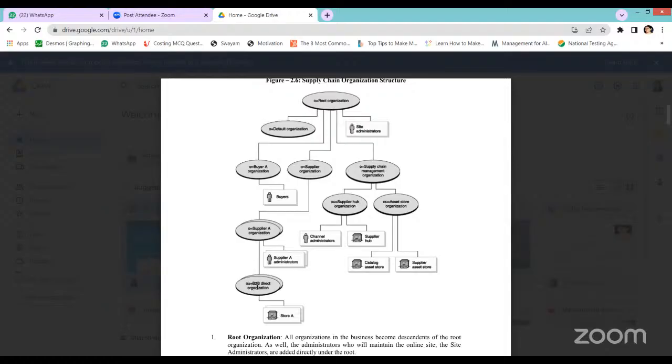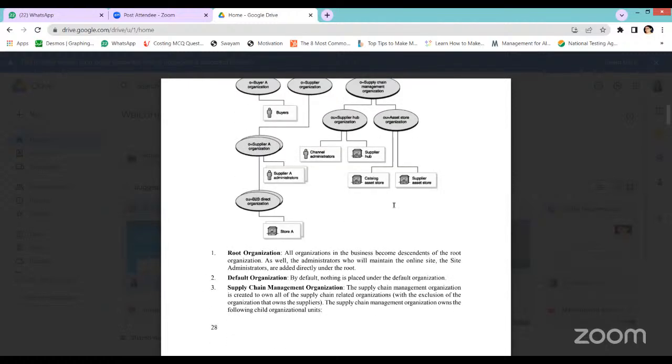Okay, so in a B2B context, supply chain management organization means whatever the management activities are within the organization, the different activities there, the hub, supplier hub organizations and asset store organizations.